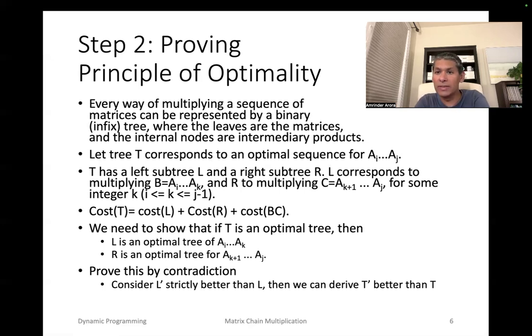Now, if the optimal sequence is given to us, then we are sure that the left-hand side and the right-hand side must also be optimal subsequences for the subproblems. That's what the principle of optimality states.